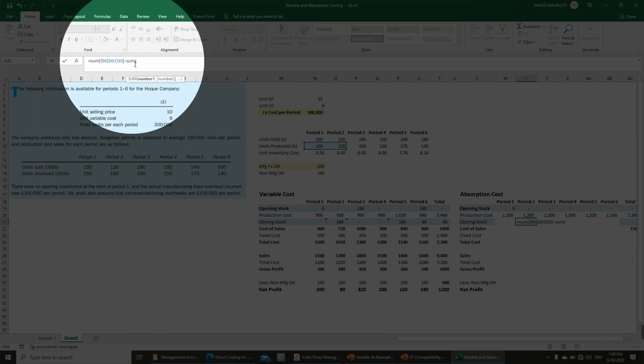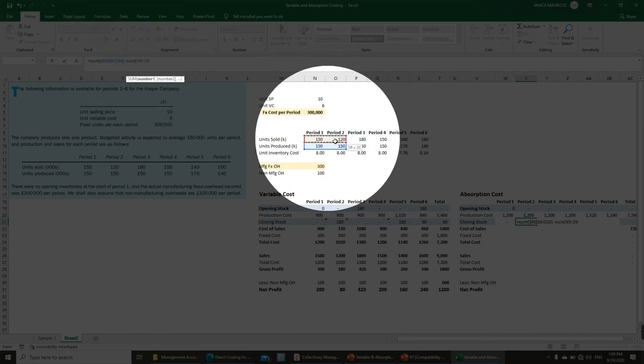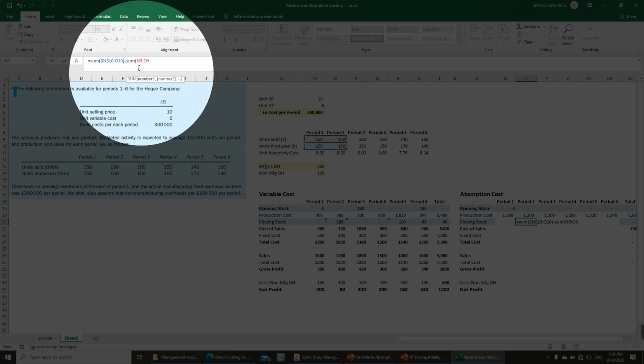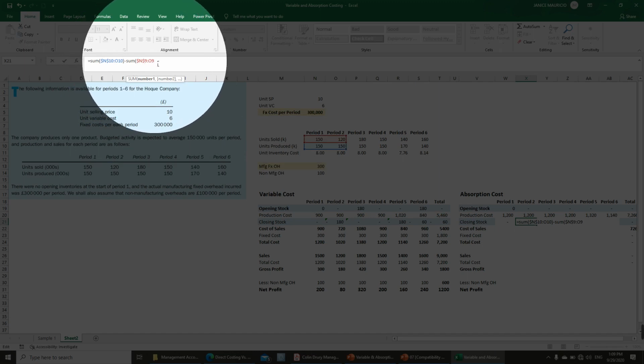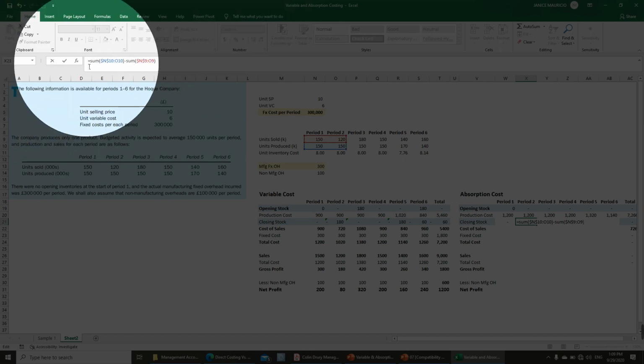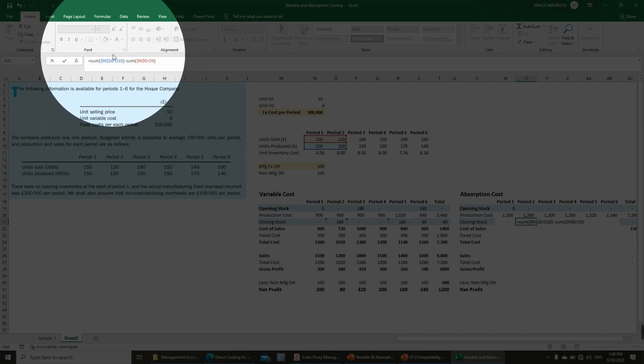Minus sum of this. And then again, lagyan natin to ng ganyan. I-fix natin para pag kinapi natin pakaliwa o pakanan, naka-refer pa rin siya dun sa pinakaunang cell.